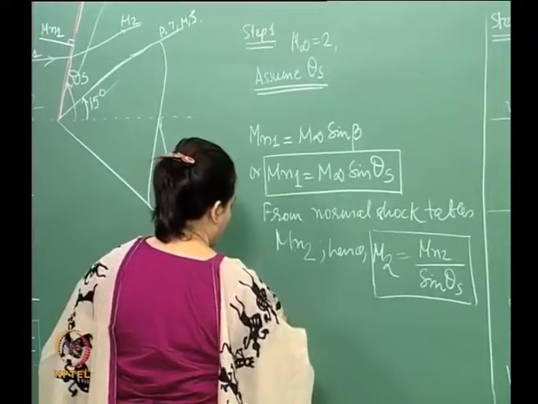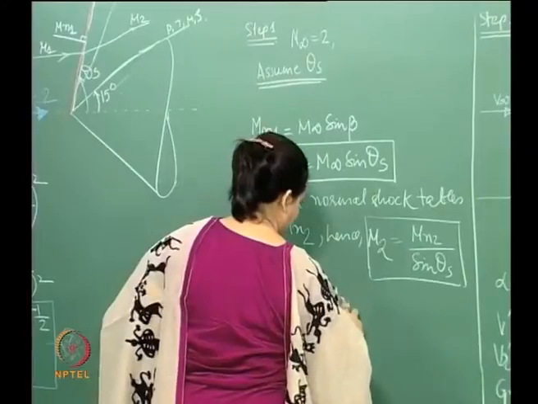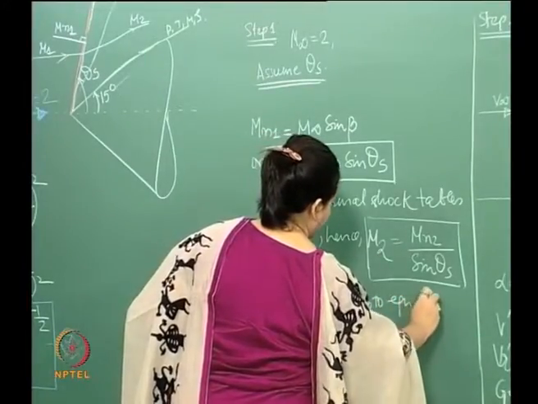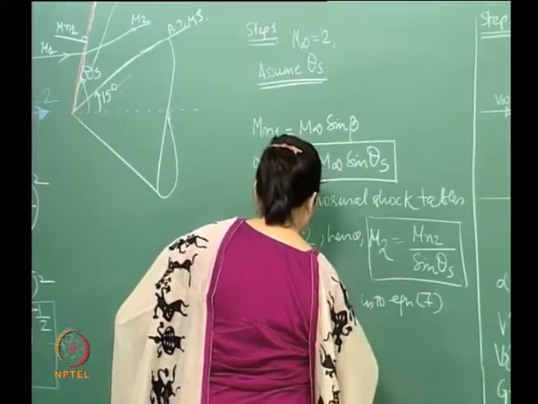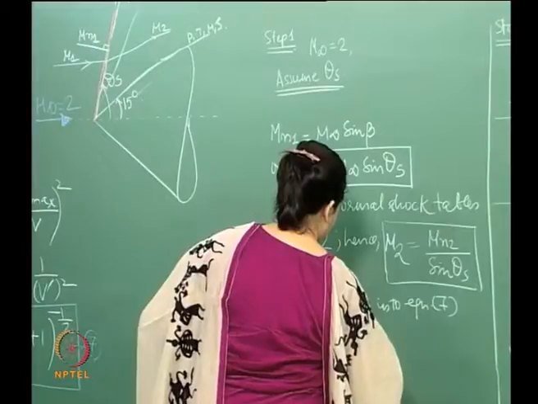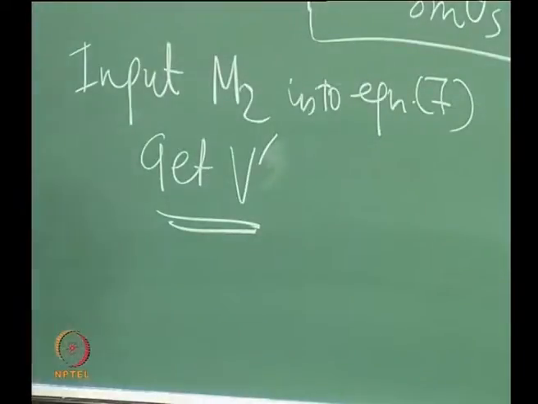We input this M2 into equation 7 and get V dash. So there we are.